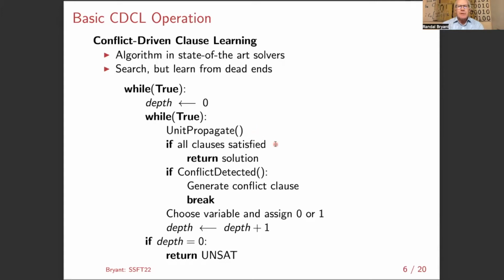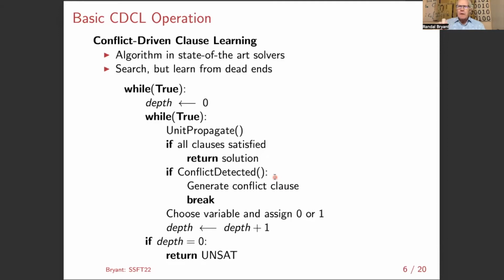And then if we're at some point where we've satisfied all the clauses, then we've created a solution, a possible solution. It might not be unique. On the other hand, if we've detected some conflict, meaning we've attempted to assign opposite values to a single variable, then we've hit a dead end in the search, and we can generate what's known as a conflict clause, meaning a clause that says, I've searched and tried to assign the following variables, and that didn't work.